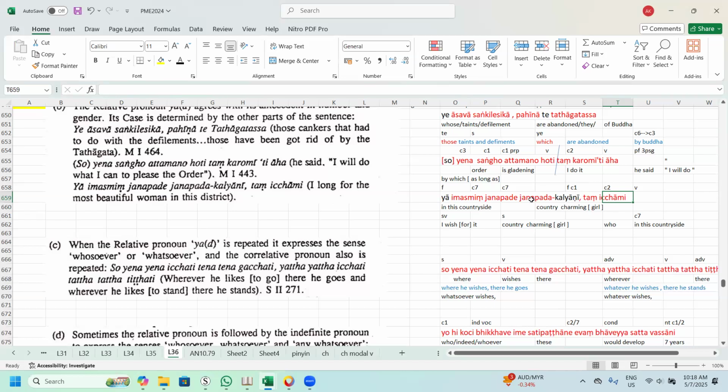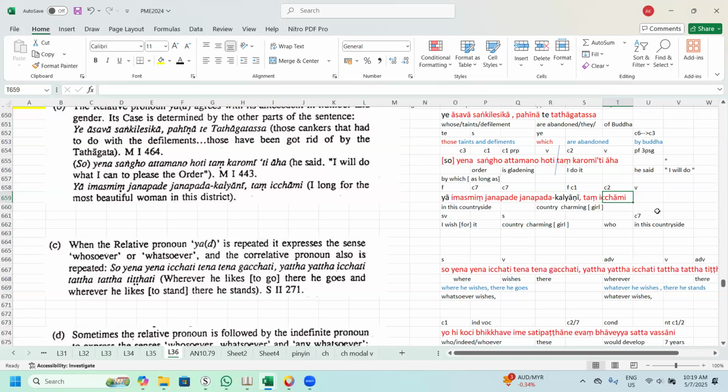So this is janapada. Jana always translates as countryside. So it's a countryside. Kalyani is a feminine noun. Actually, it's a charming country. The word girl is not mentioned here, because this does not mean that, but if you look in the dictionary, you will find that this is feminine. So it's referring to a charming girl or charming woman or whatever, but it has to be feminine.